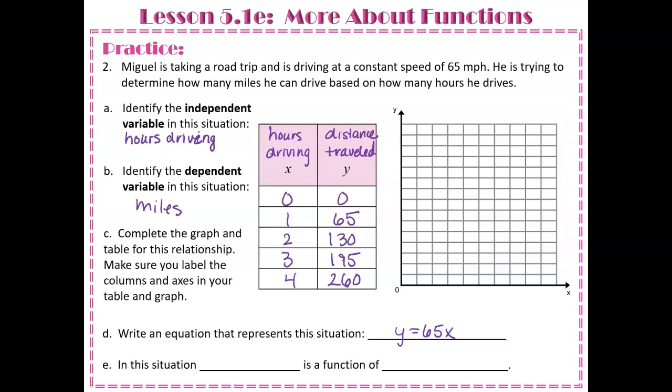So let's graph this. Let's put hours here, which is time I told you is usually on the x. And then we're going to put miles up here. I'm going to go by ones here, skipping every other one.